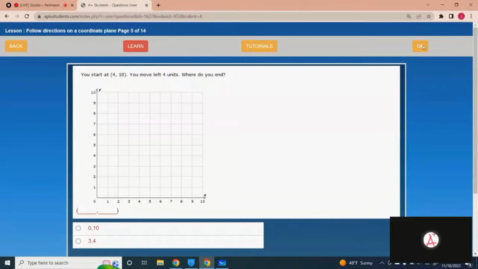Very good. Left 4 units means you have to subtract 4 from the x value. So it would be then 0 and 10, isn't it? Yes, very good. It would be 0 and 10.